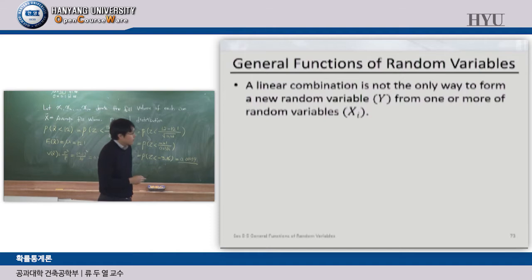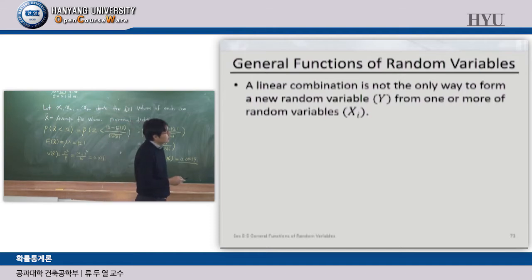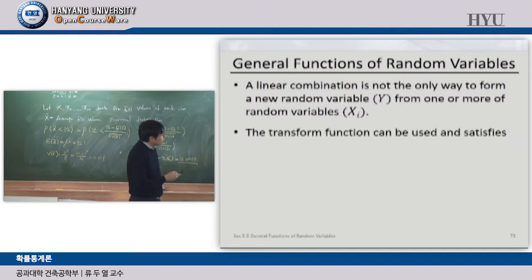A linear combination is not the only way to form a new random variable y from one or more random variables xi, right? So in this case, a transformation function can be used, and the transformation function should satisfy the following two properties.